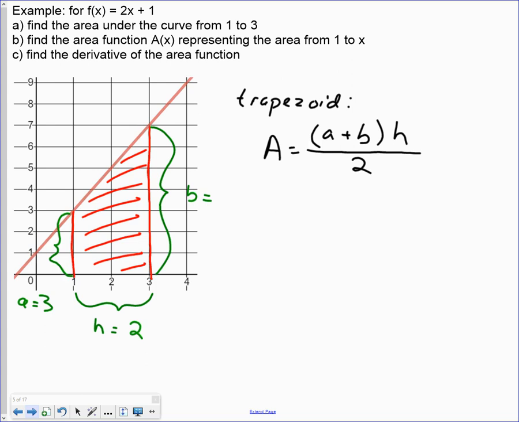That's going to be, looks like 7. And this value of 3 and this value of 7 are just given by the value of the function at 1 and at 3. So we can plug those numbers in. What do we get? 3 plus 7 times 2 divided by 2 works out to 10.